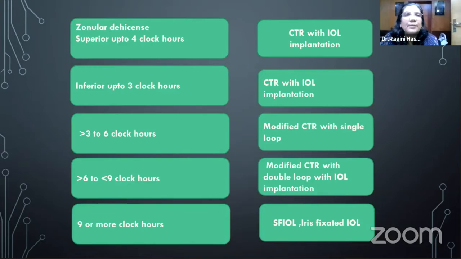If it is about, say, superior or inferior, you can do it with a CTR with an IOL implantation. If it is larger, then you can use more devices. And if it is so large that you may have to do an intracapsular surgery, or you may have to go for a secondary IOL implantation and an iris fixated lens, the merits of which can be decided by you. Any technique that works in your hand but which is the best for the patient is the most important thing.